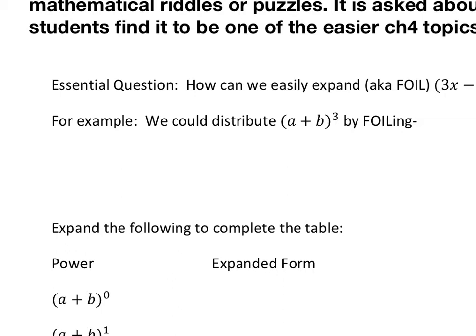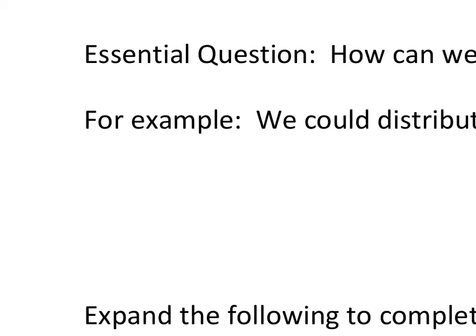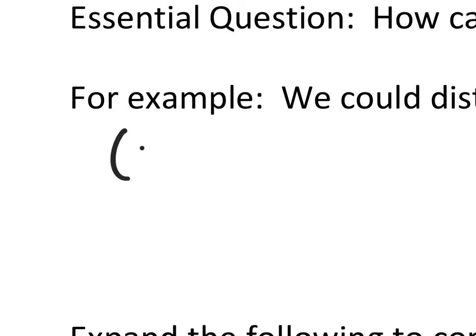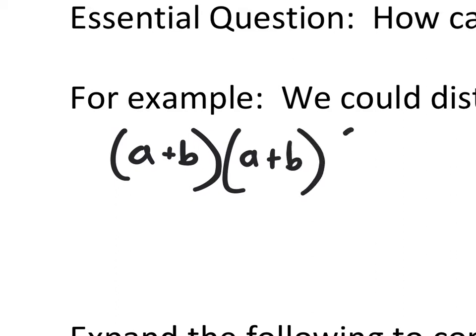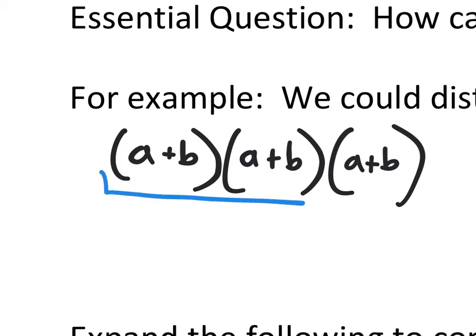So how could we do that with foiling? Well, it would look like this. We'd have (a plus b) 1, 2, 3 times. Now, if you've never multiplied more than 2 terms at a time, like in this case where we have 3, you do have to do 2 pieces at a time, no matter how many there are.